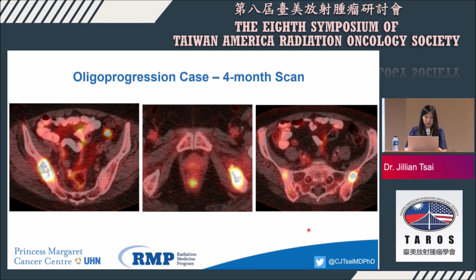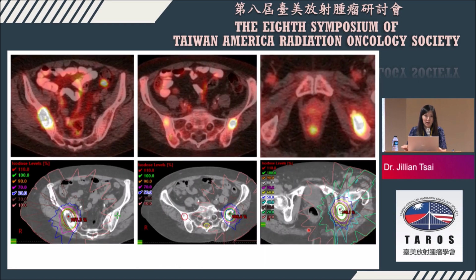So this patient was consented to the oligoprogression trial, and she was randomized to the SBRT arm. The patient received SBRT 30 gray in 3 fractions to these 3 bone lesions only. We didn't treat the lung lesions because they were stable and still responding.